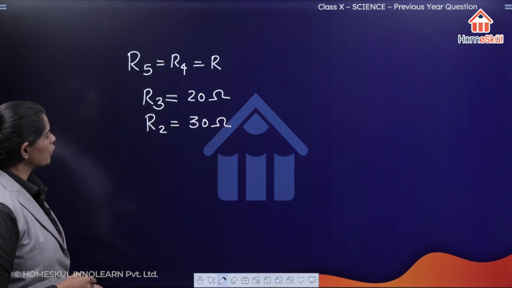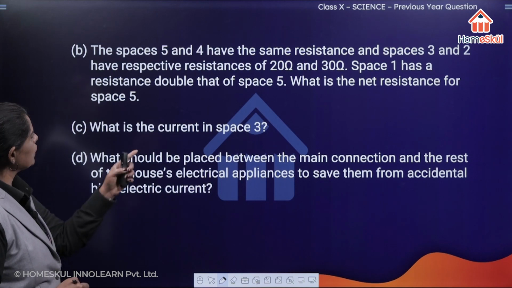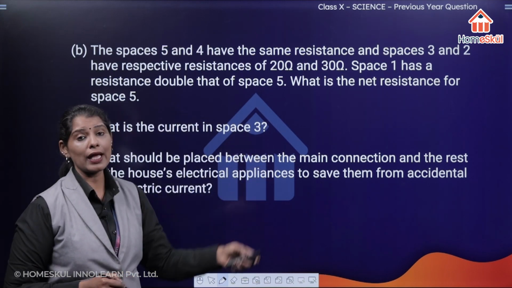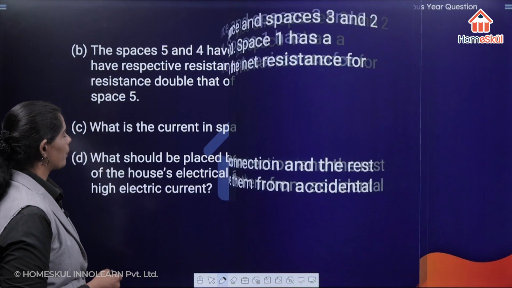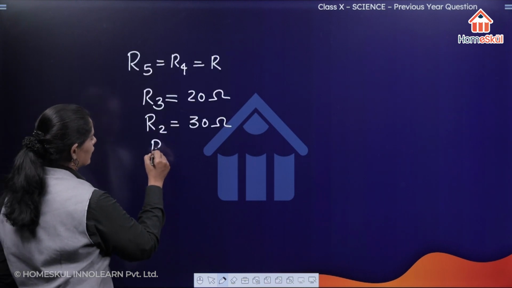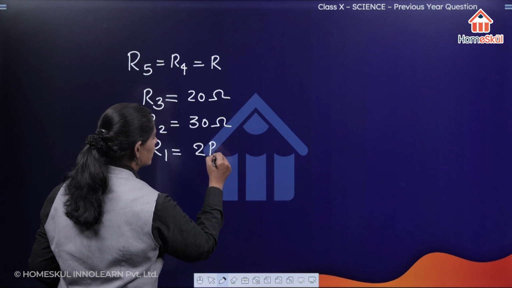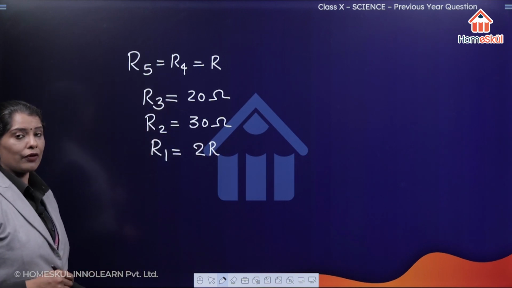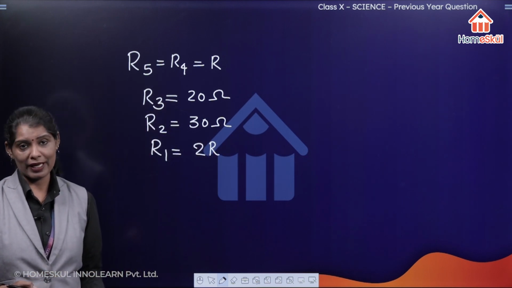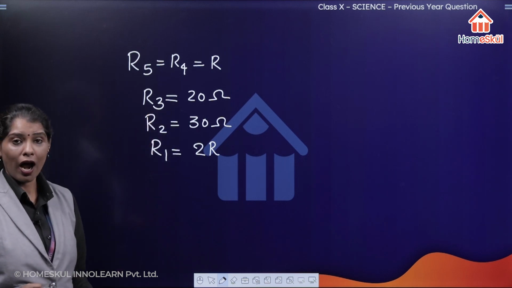Now, what about space 1? Space 1 has a resistance that is double that of space 5. So, resistance 1 is double that of space 5, which comes out to be 2R. And we have to find the net resistance for space 5, that is, we have to find out R.